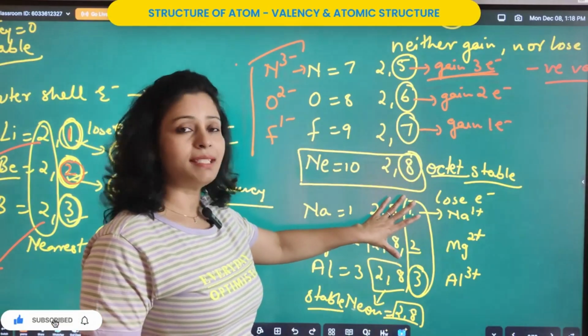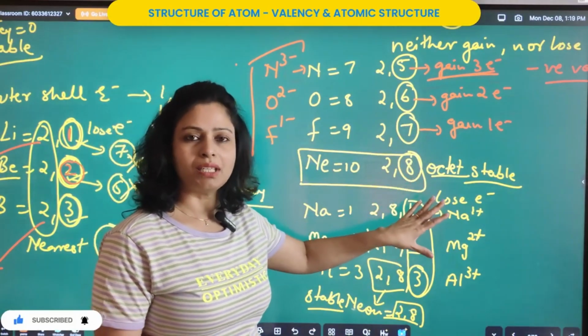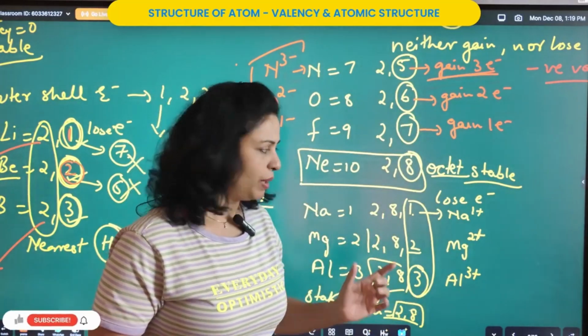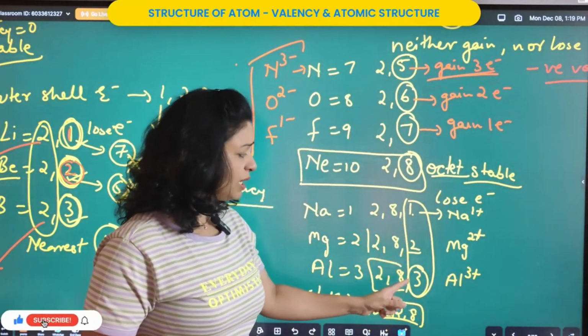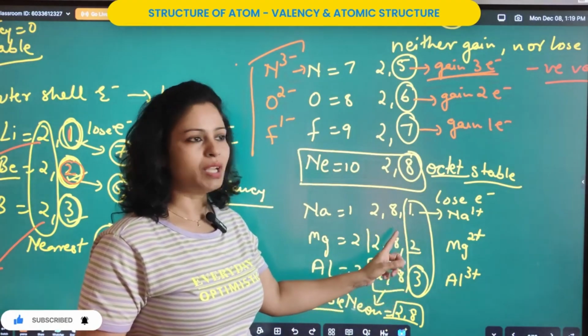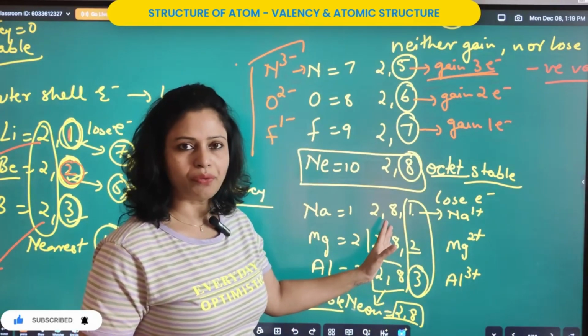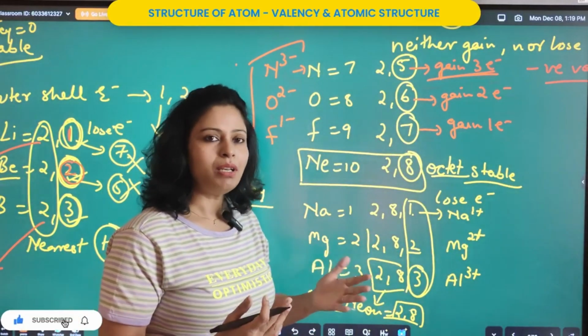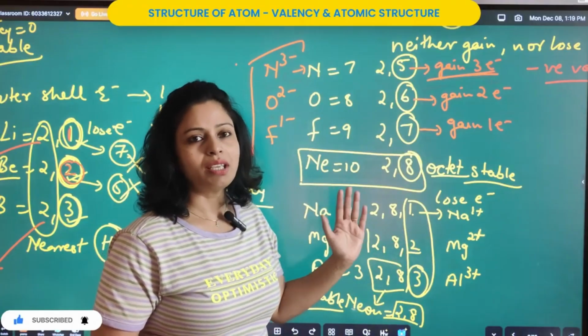Now here they are unstable because the outermost shell is not complete. An atom is said to be stable when its outermost shell is complete. But here the outermost shell is incomplete because it is not filled with 8 electrons, right? It is not having either a duplet or an octet configuration. So in order to become stable, they will try to lose or gain electrons.